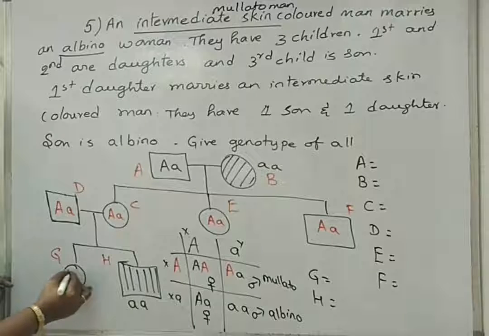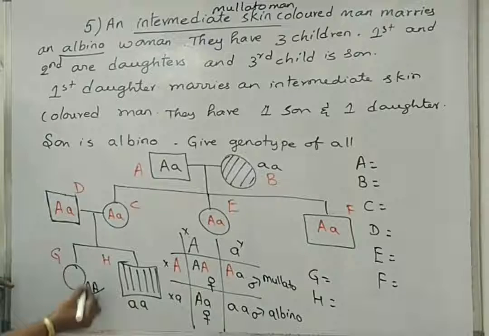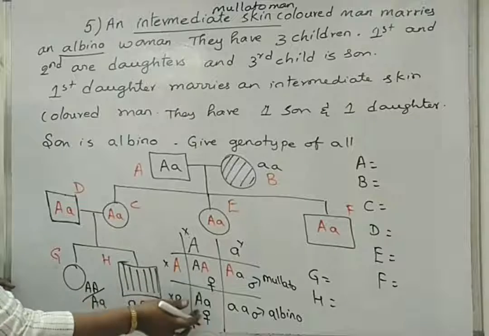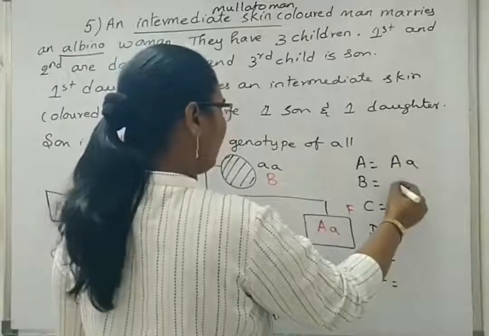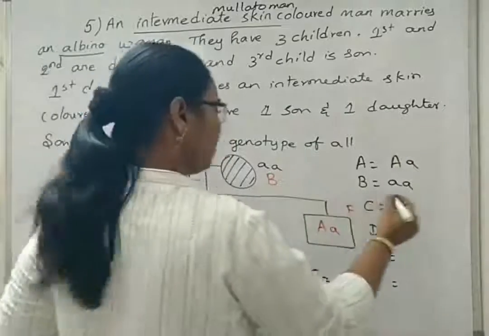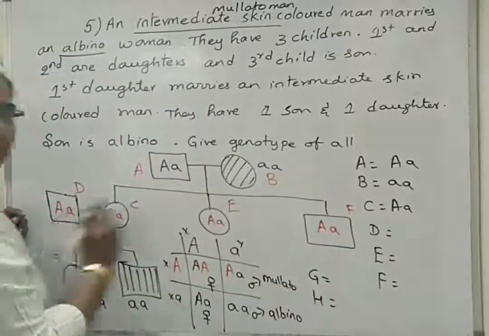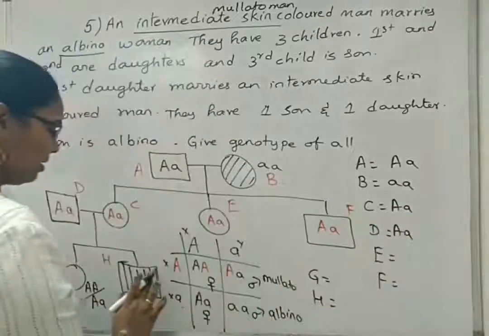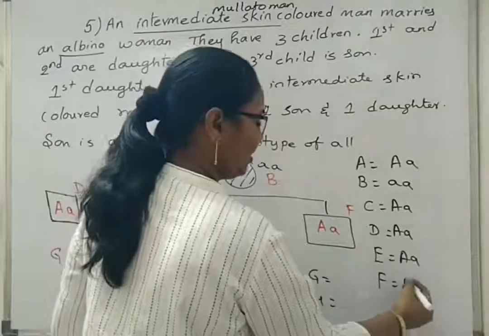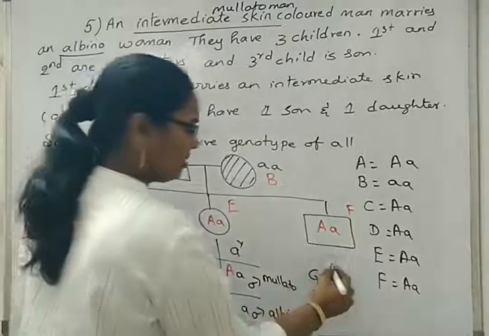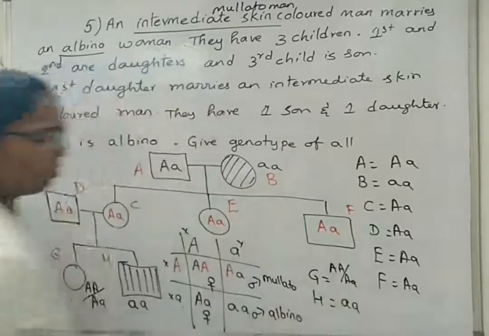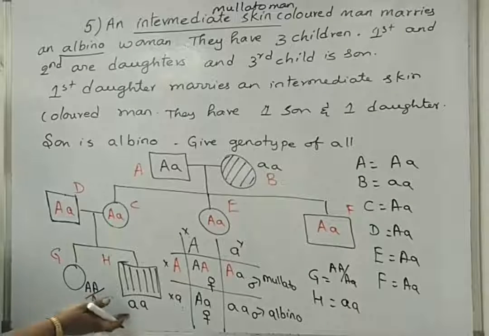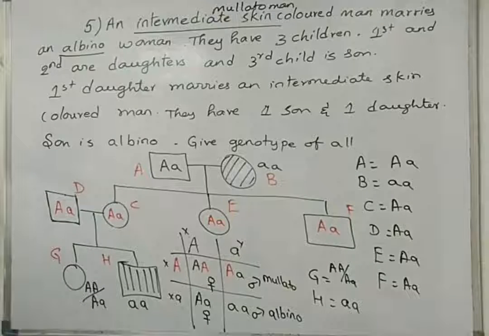And this woman can be either this genotype or this genotype. If we write the genotypes, C is capital A, albino recessive, and D is again heterozygous, E is heterozygous, F is heterozygous, G can be homozygous or heterozygous, and H is purely homozygous recessive in the case of the grandchild. So this type of question we can consider under polygenic inheritance.